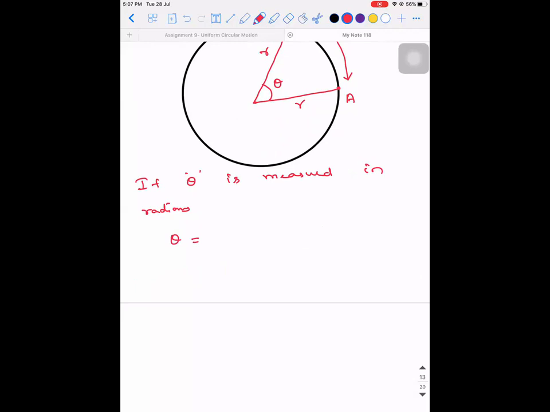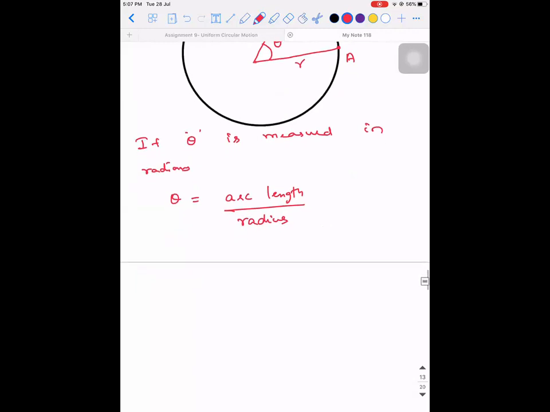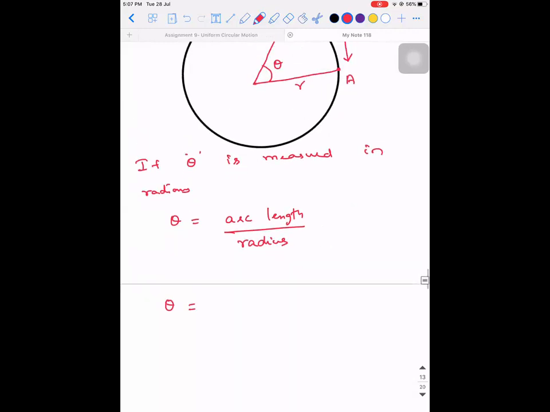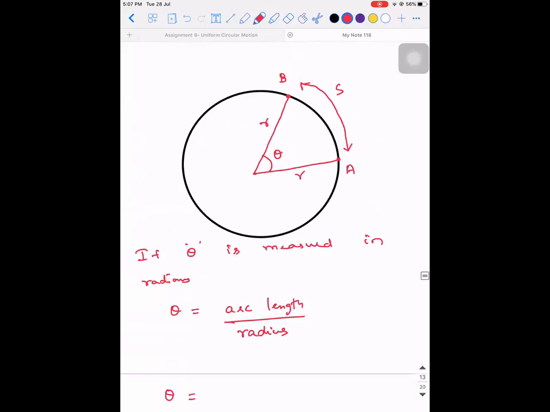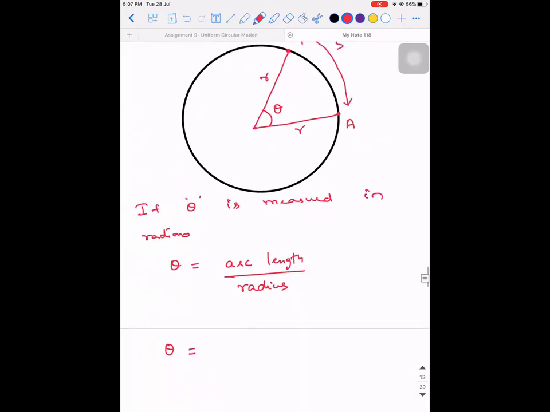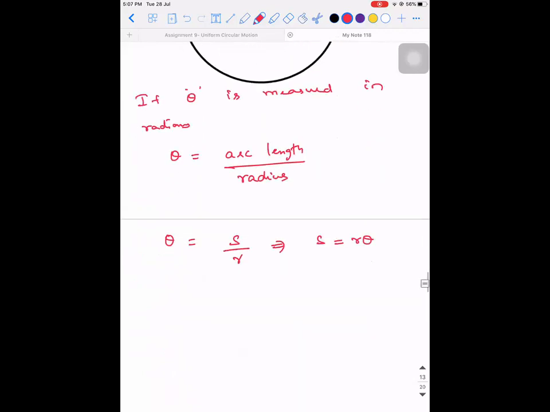Radian is defined as the arc length divided by radius. So theta is equal to, what is the arc length here between A and B? S. Divided by radius R. Which implies S is equal to R into theta.